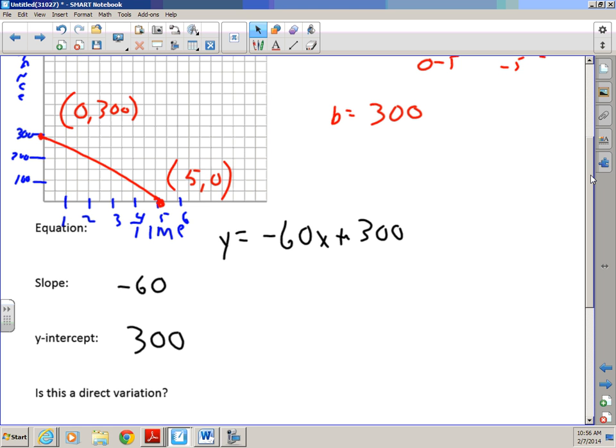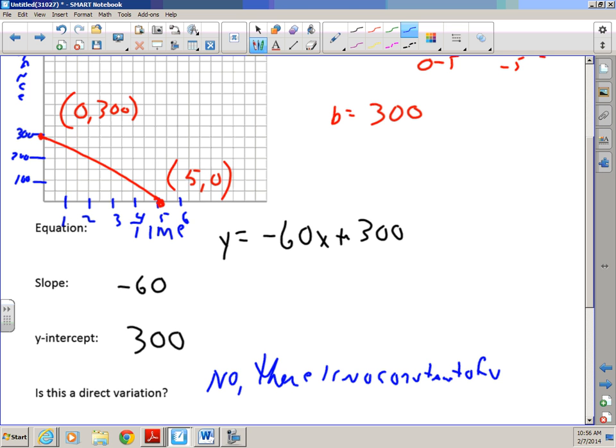What is their height as they keep hiking down? So that's why. And then if you look, the line is going up to the left, which is a negative slope. Is this a direct variation? No. There is no constant of variation.